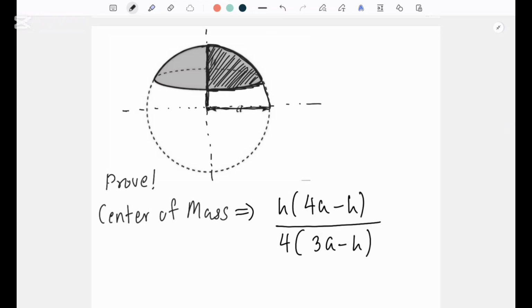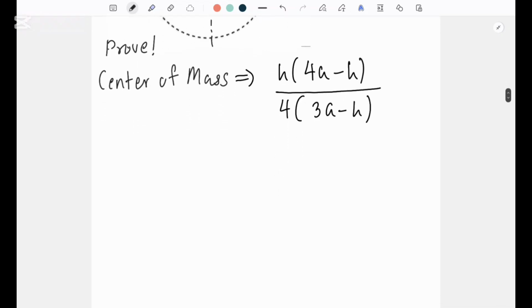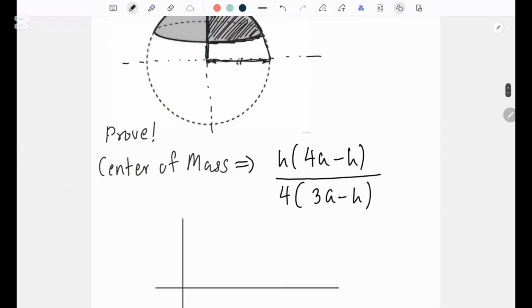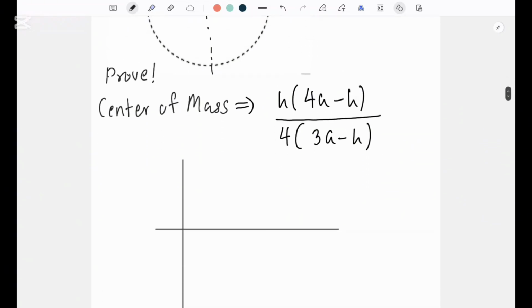I'll explain it again. I'm going to draw the x and y axes, and then the arc this way, like that. Can you see?